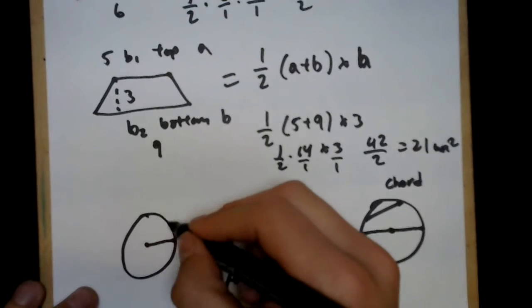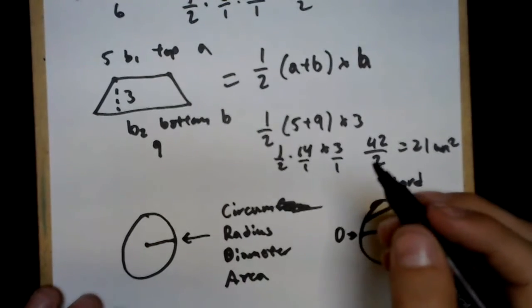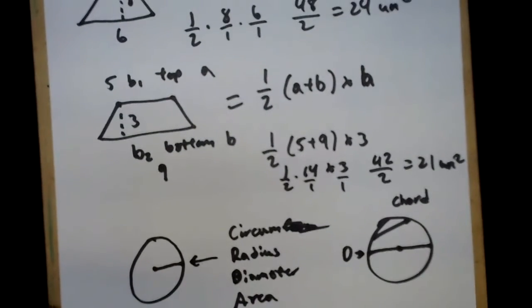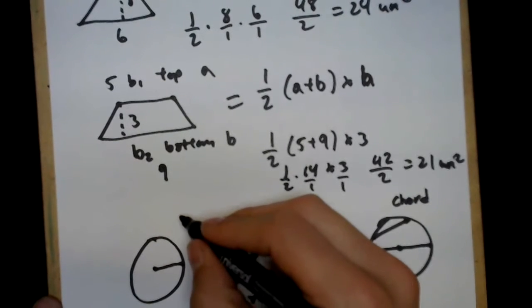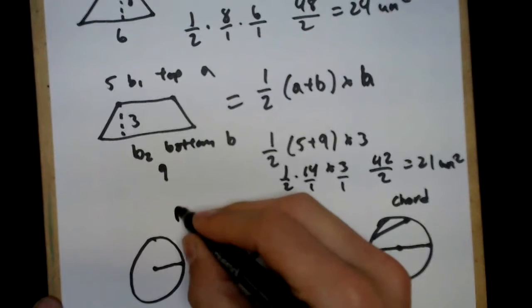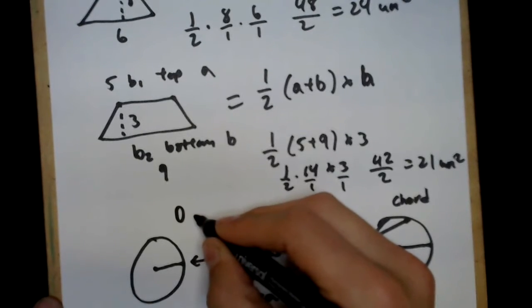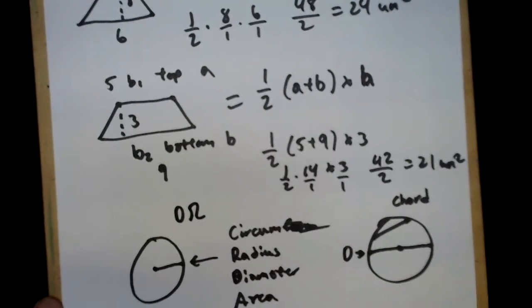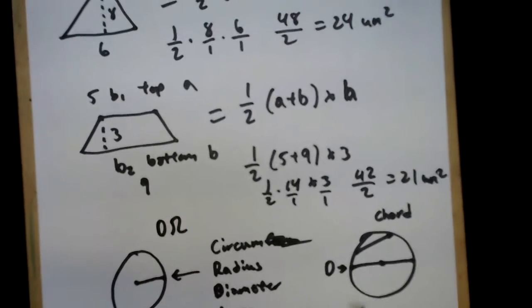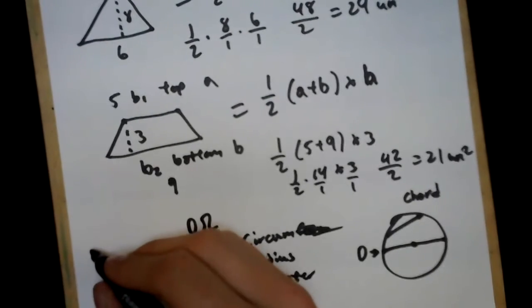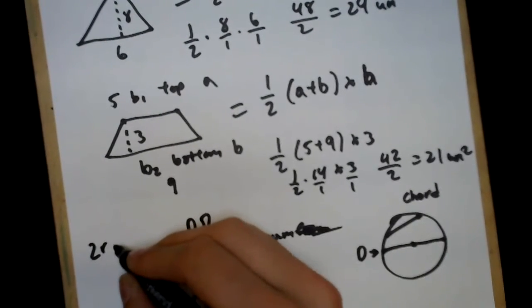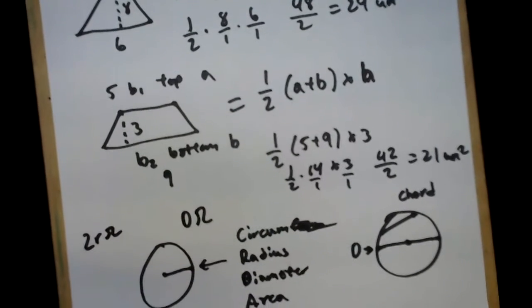So, how you calculate the circumference of a circle, you can think of it two ways. You can think of it as the diameter times pi, or you can think of it as 2 times the radius times pi.